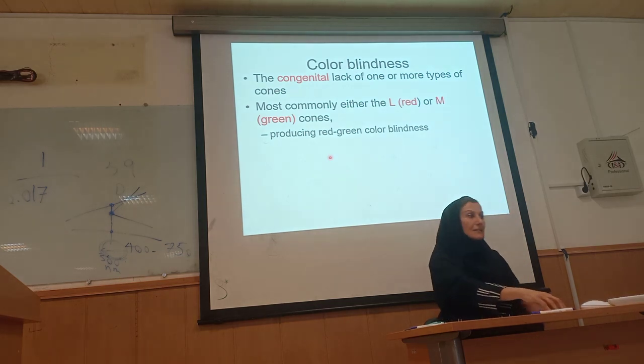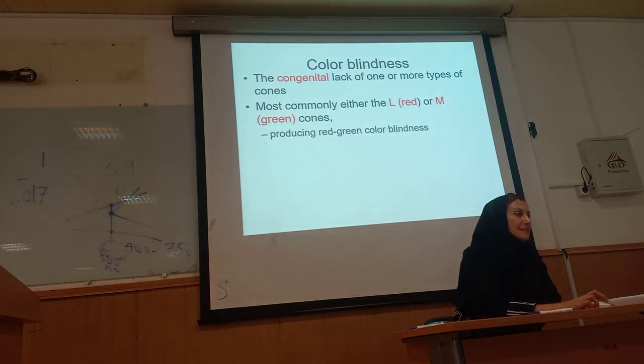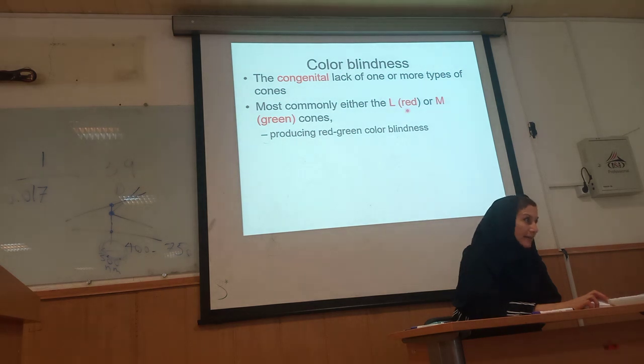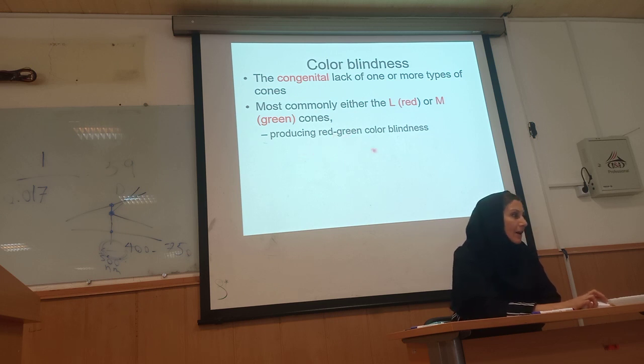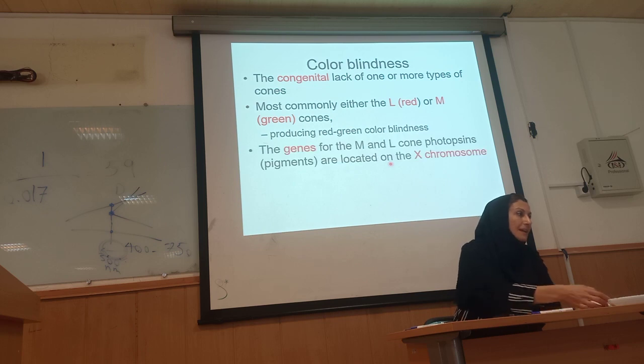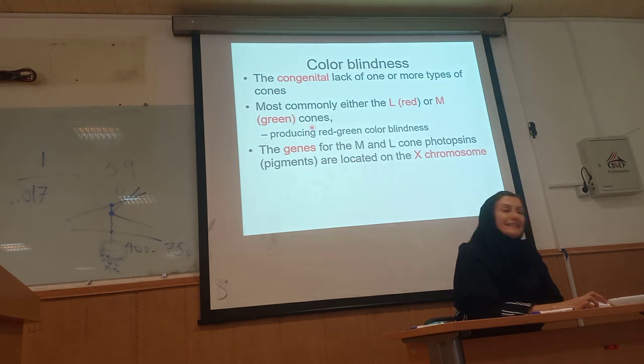Most commonly, it happens in either L or red, or M or green cones, producing red-green color blindness. Why is this so common? Because the genes for these two cones are located on the X chromosome.